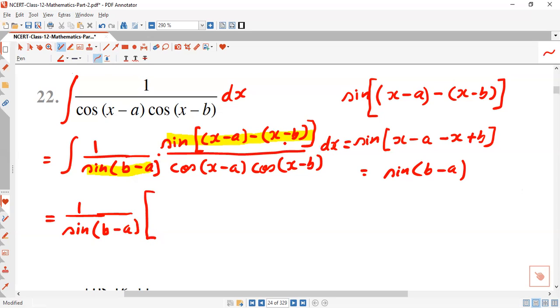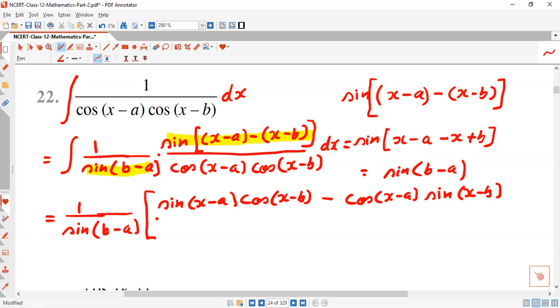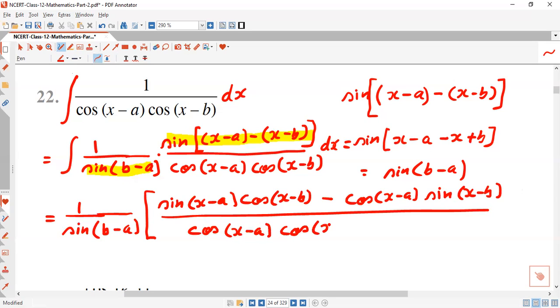And now we apply the formula of sin(a minus b). The sin(a minus b) formula says sin a cos b minus cos a sin b, whole divided by cos(x minus a) cos(x minus b).